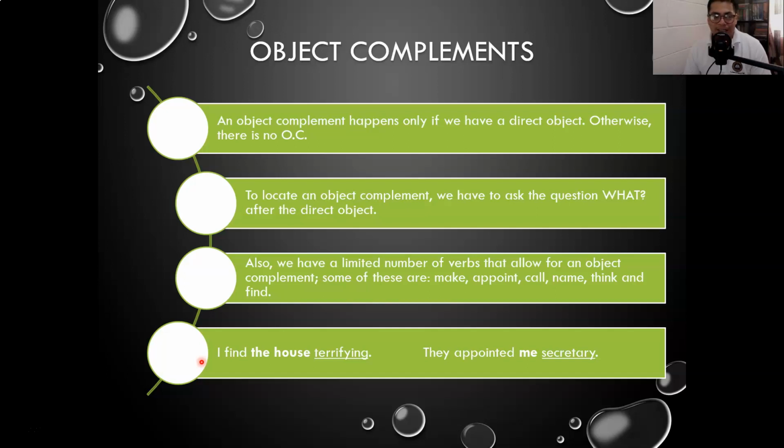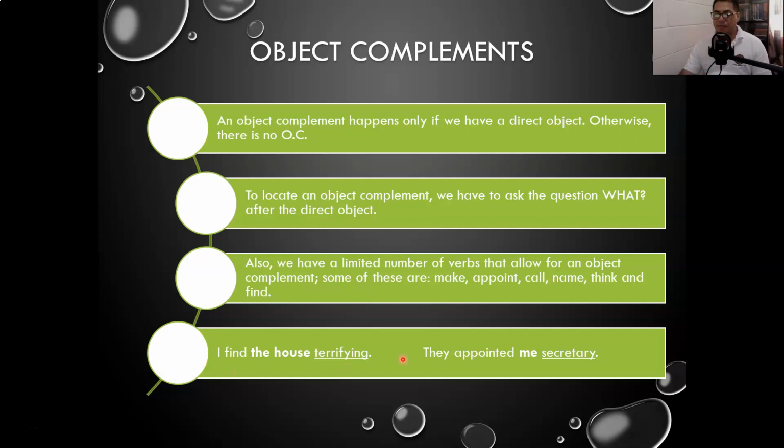And more than that, what I tell you is, see if this word or if this phrase is actually describing or renaming the direct object. You see, it is describing the direct object. The house is terrifying, so it is describing it.